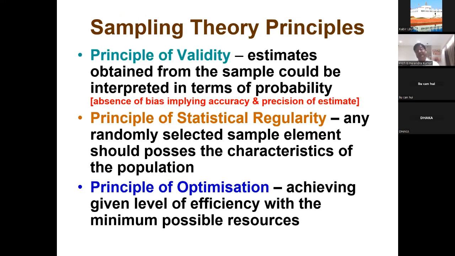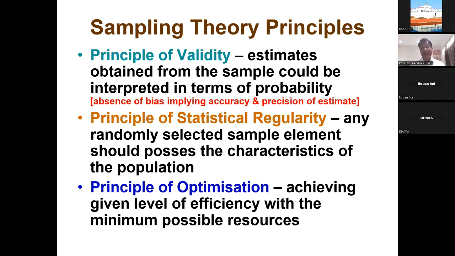Now, how are the theories or concepts related to our sampling? There are three types of validity, which are obtained from a sample and can be interpreted in terms of probability. So here there is no sense of biasness. There is a probability of accuracy, as well as pinpointed or precise estimates of the findings.